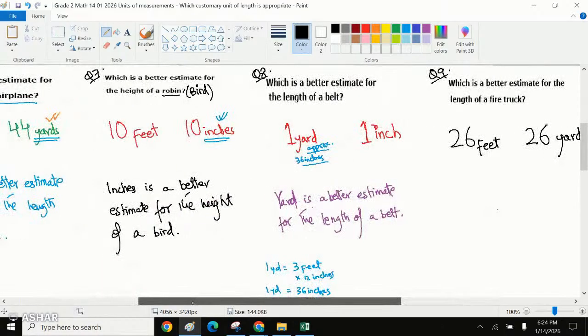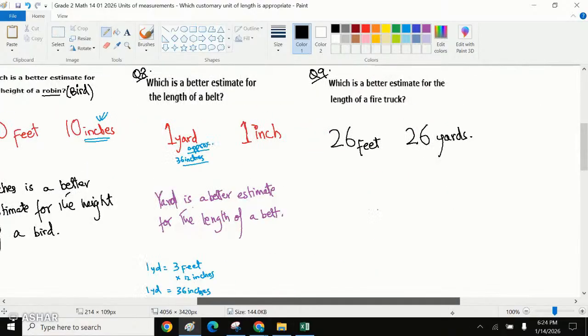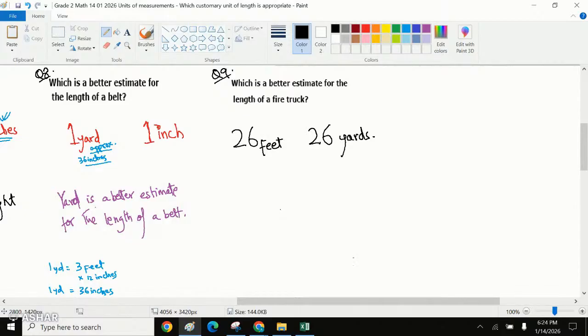We know that for the aeroplane, the height was around 44 yards, right? They gave us 44 yards for an airplane, right? The fire truck has to be less than the airplane, right? Like a football field, it cannot be the size of a football field, right? Half the basketball court. So what is the better?